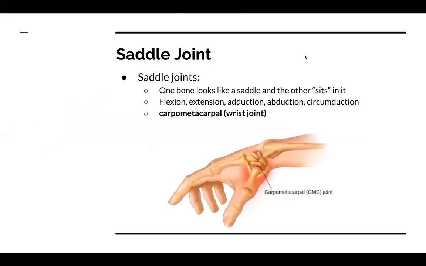Next, we have saddle joints, where one bone looks like a saddle and the other one sits in it. The movements that come with it are flexion, extension, adduction, abduction, circumduction. So you can spin. When you think of your wrist, your carpometacarpal joint, you can really spin it. That's where circumduction comes into play from a saddle joint, and also your thumb.